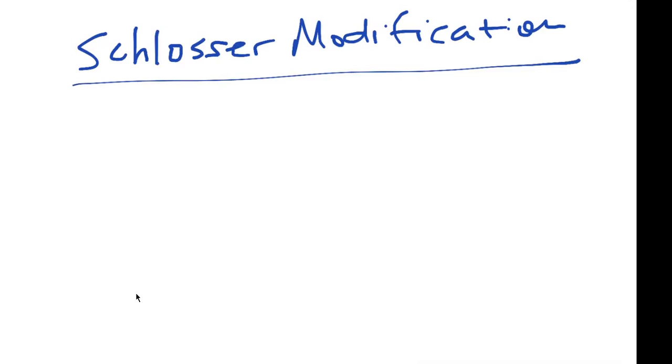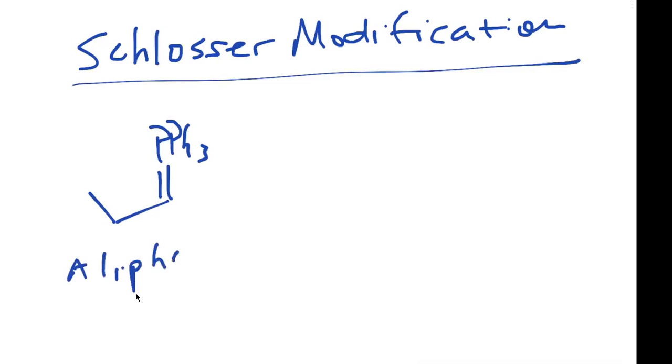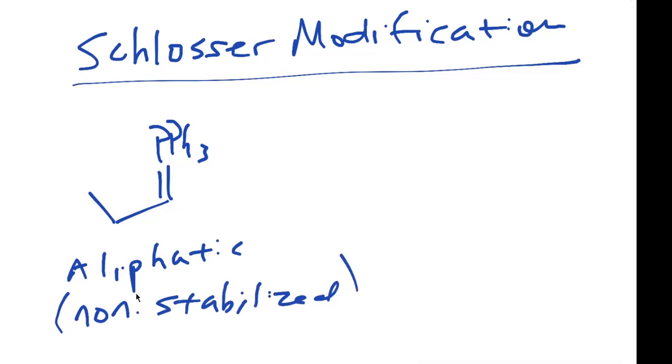So if you have something like this, right, this is an aliphatic or non-stabilized ylide, right? And so if it's non-stabilized, then you expect to get out, I'm sorry, the cis stereochemistry in your alkene, right?